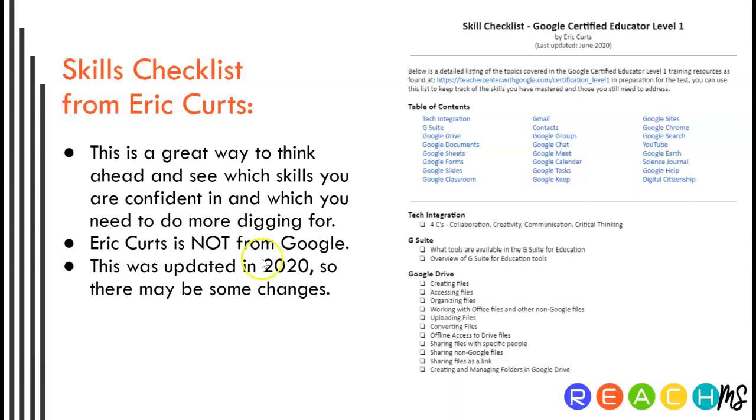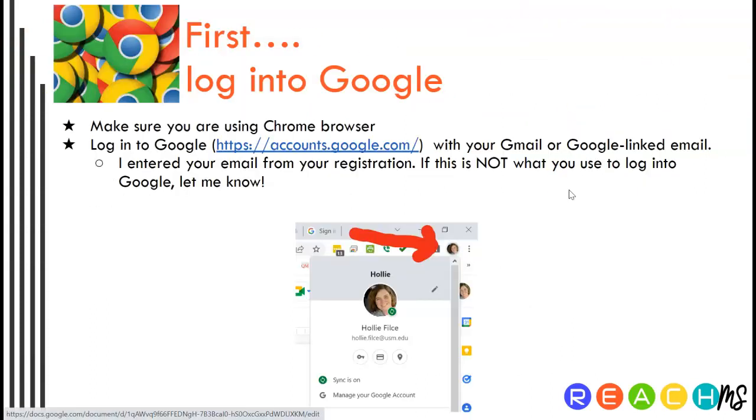This is just the first page, but this is a great way to think through and say, okay, let me think about Google Drive. Do I know how to create a file? Do I know how to access files? Do I know how to organize files? And this kind of lets you self-evaluate what you know and what you need to know. So the skills checklist, when you hear me say skills checklist, that's what I mean.